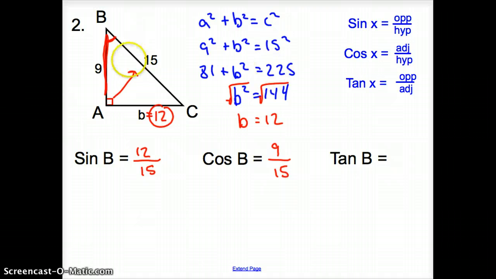And then tangent of B is going to be opposite, so opposite again is 12. And adjacent, it's not the hypotenuse, it's right next to, it's not the longest side. The adjacent side will never be the longest side, and it's going to be 12 over 9 for tangent of B.